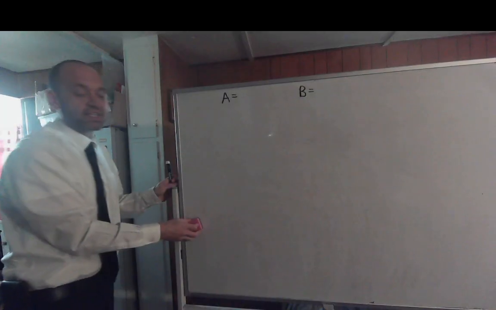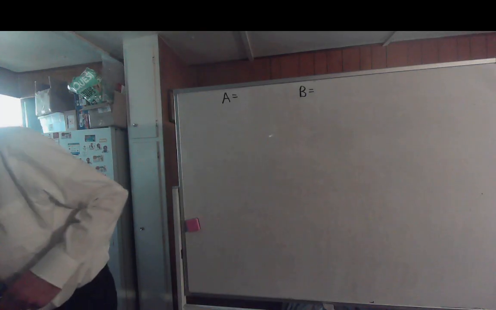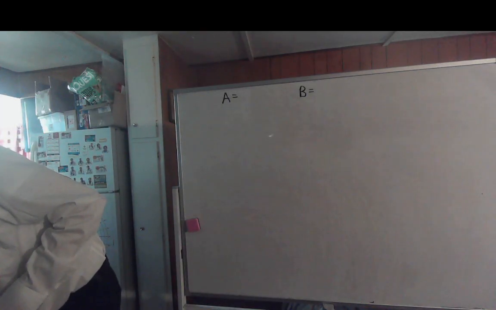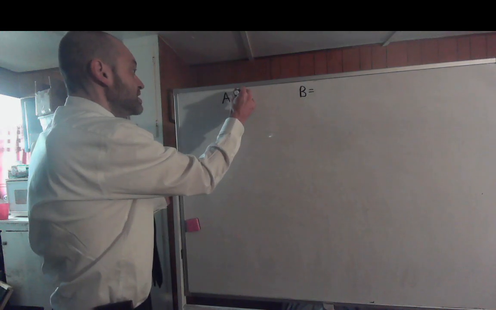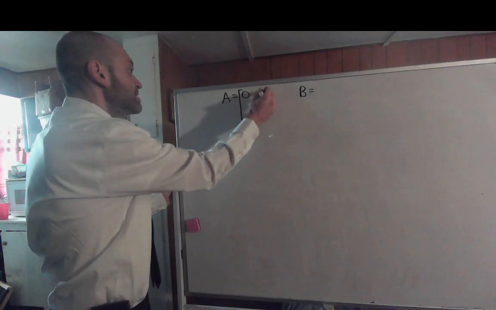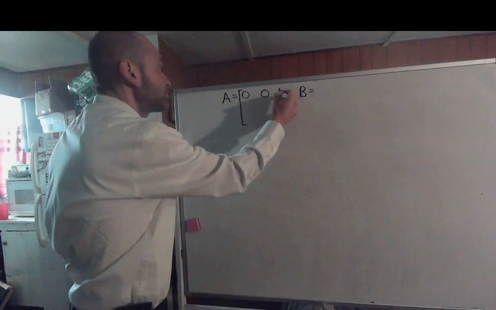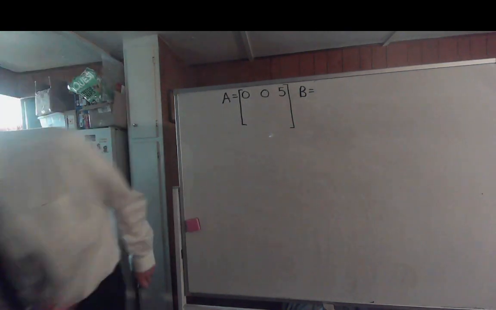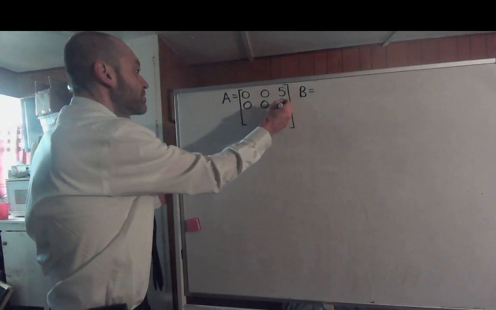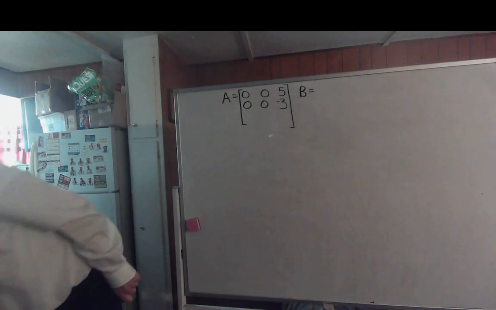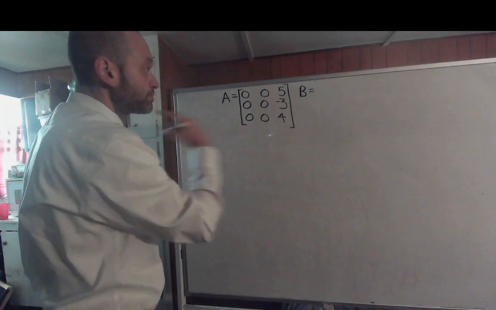That would actually tie into the next lesson on inverse matrices, but let's do, it's still going to be 3 by 3 matrices, but let's do 0, 0, 5, 0, 0, negative 3, 0, 0, 4.